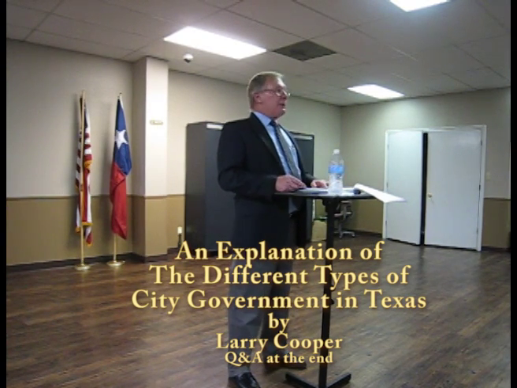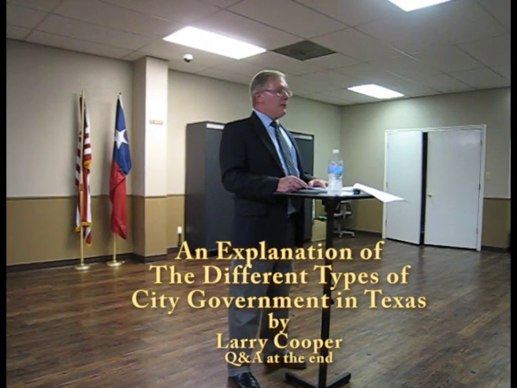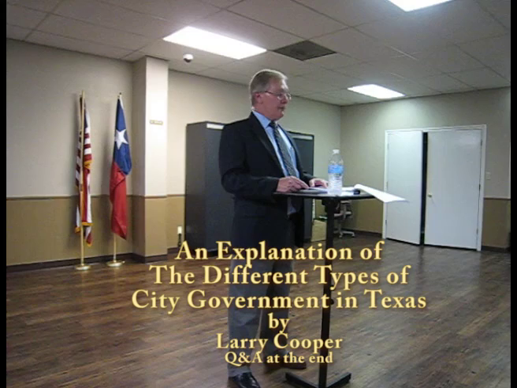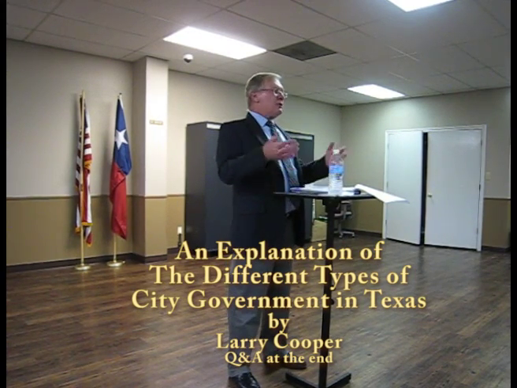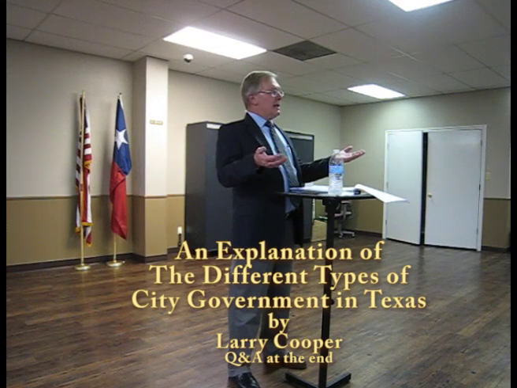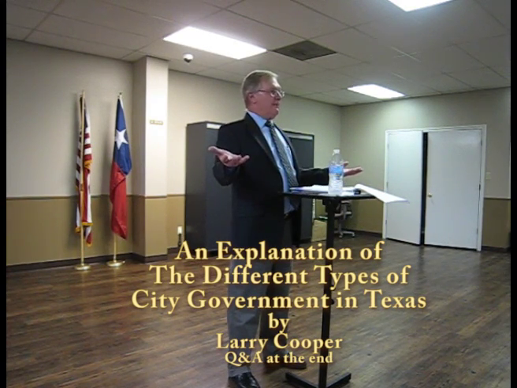Now, there are three kinds of general law cities. There's Type C. Those are generally the smallest of the cities. They have a mayor and two commissioners. And they get treated a little differently, I understand, if their population is below 500 versus above 500.